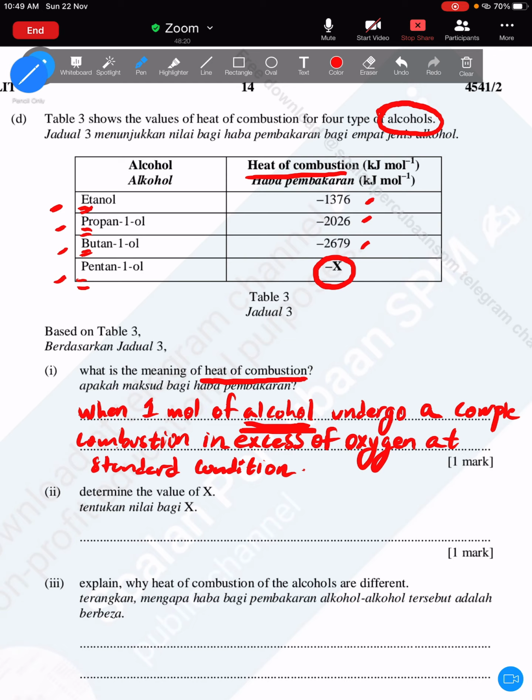If they will ask you specifically, look at the question. Dia akan cakap, define the heat of combustion based on the experiment. If they say based on the experiment, you need to give the definition a bit specific. That is how you should answer the question accordingly.